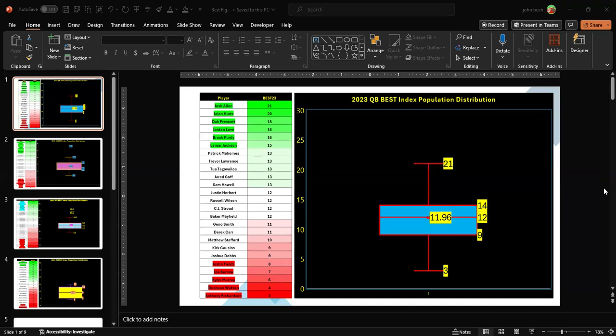So maybe the strategy decision in best ball, looking at this data, and the data actually was fairly consistent from one year to the next. If you look at the breakdown, there were 2 guys in that 20 plus group last year. There were 4 of them the year before, and there were 6 the year before that.